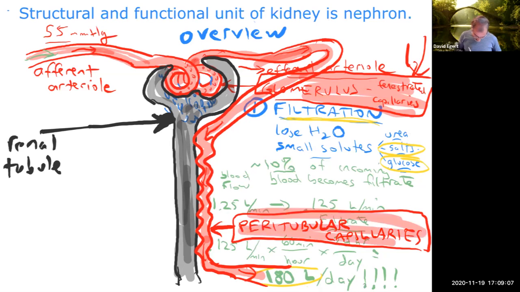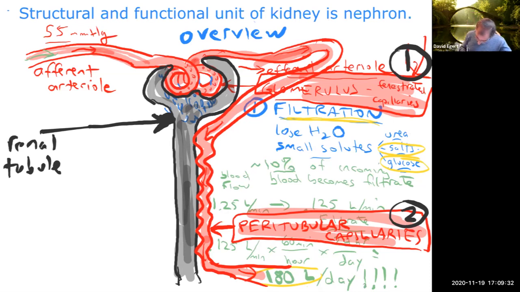This is going to be my second capillary bed. So capillary bed 1, capillary bed 2. Peritubular capillaries, this is where we are going to recover the stuff we need to reabsorb.